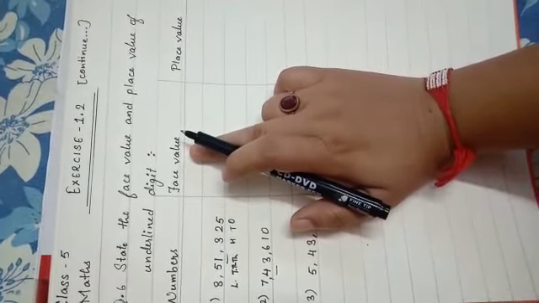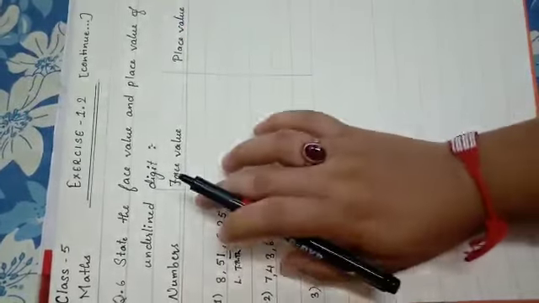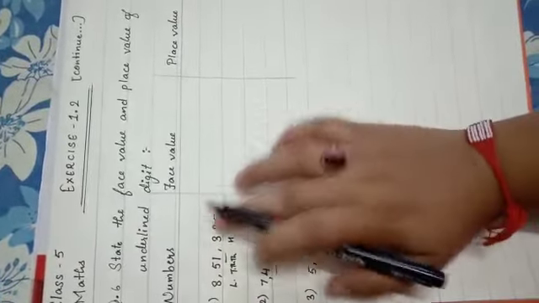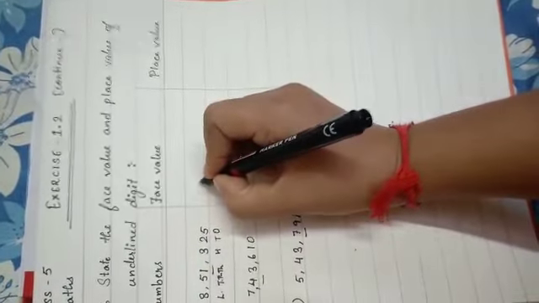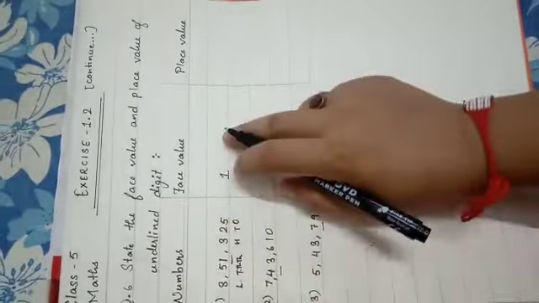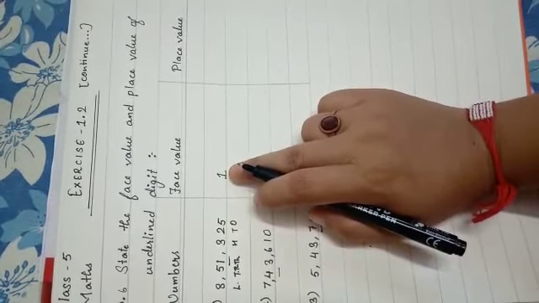But for the face value, you have nothing to look at or think about. Only simply write that number. The face value of this 1 will be 1 only. No 1000, no mentioning of any zeros, nothing. So the face value will be 1.